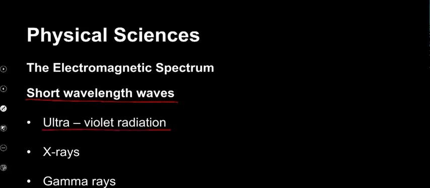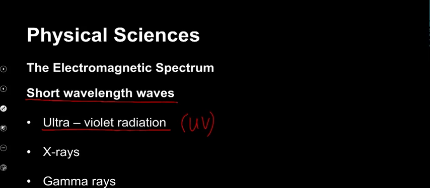And if that sounds familiar, don't be surprised, because it's often abbreviated to UV radiation. And if you've heard UV before, maybe in a sunscreen ad, this is exactly the radiation they are talking about. They are referring to the ultraviolet radiation that is released by the sun that can be quite dangerous to us if we are overexposed to it.